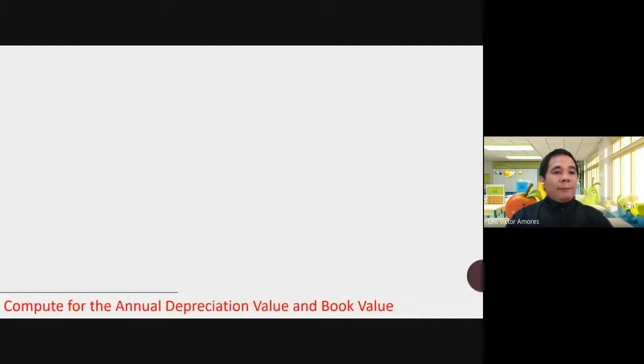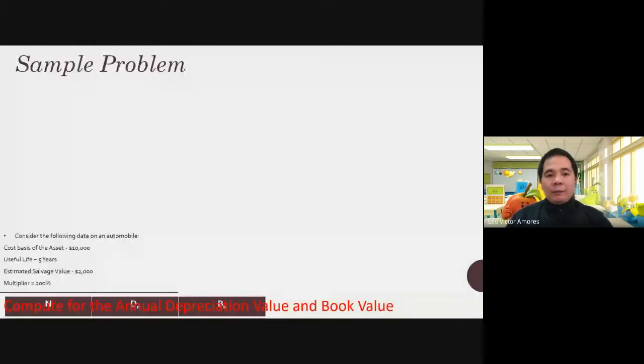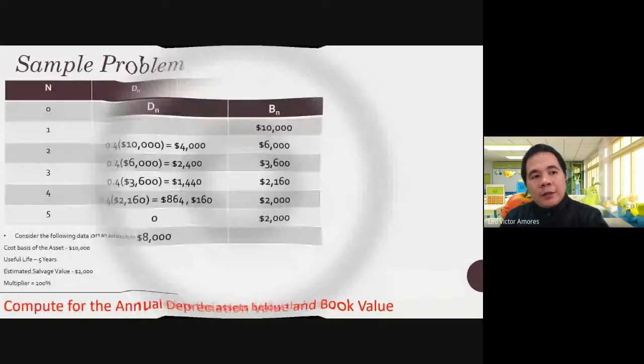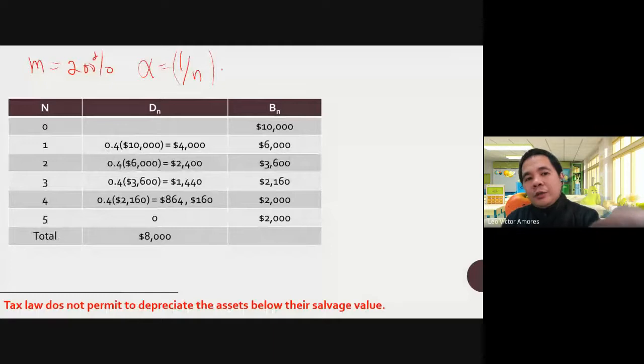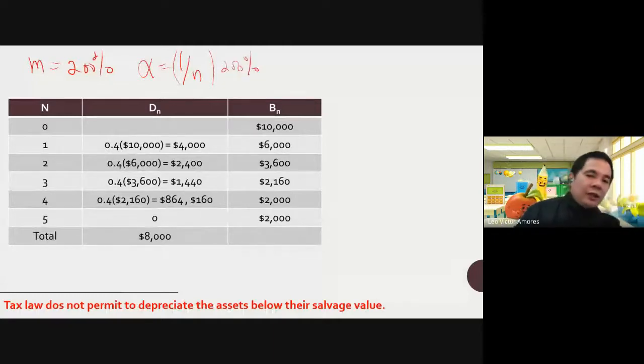What actually happens is that your multiplier is equal to 200%. Therefore, your alpha is equal to 1 over n multiplied by 200%. So, when we say DDB or double declining balance method, your constant multiplier is 200%.